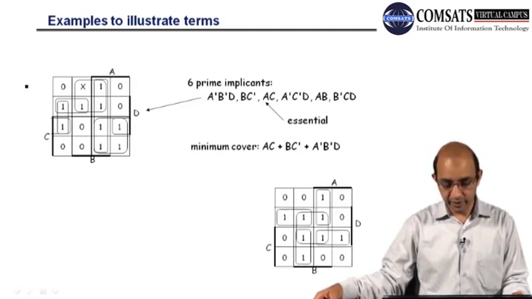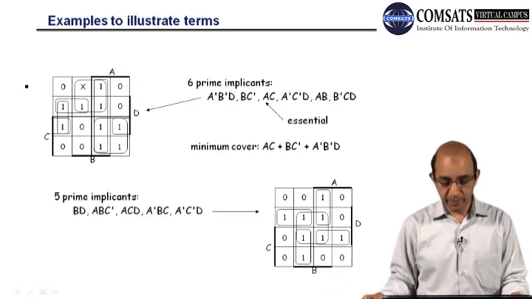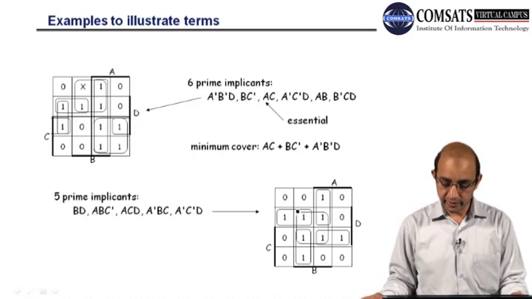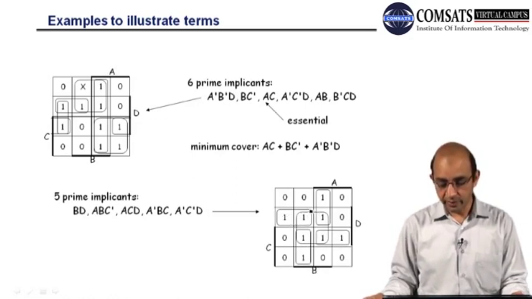You can have another example. Over here we have 5 prime implicants. You will see that we have 1, 2, 3, 4, 5 different pairings. Here we have a square, and we have grouped those ones in a square, and then we have another grouping.